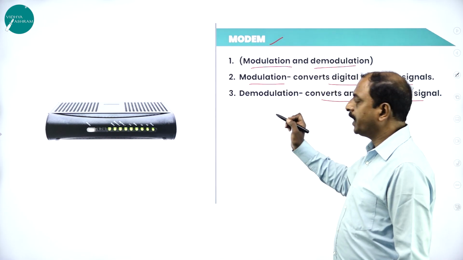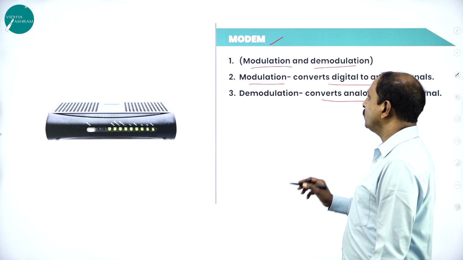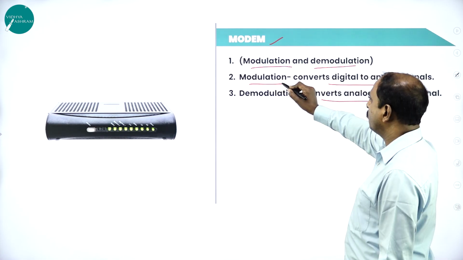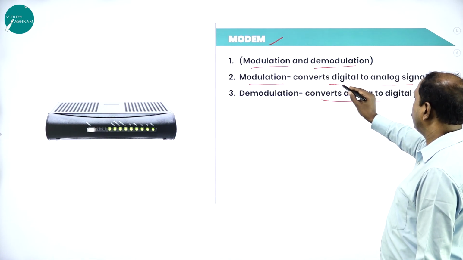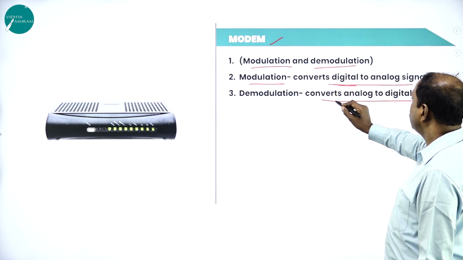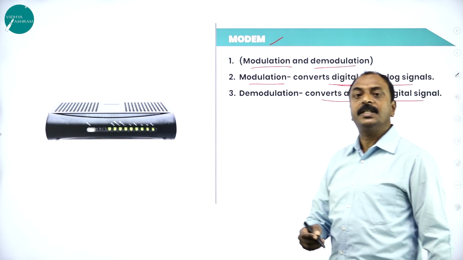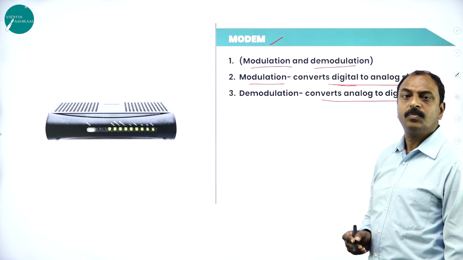The analog data then passes through the transmission medium. That is the function of modem. Modulation is conversion from digital to analog, and demodulation converts from analog to digital at the destination end. So this is another important device, the modem.